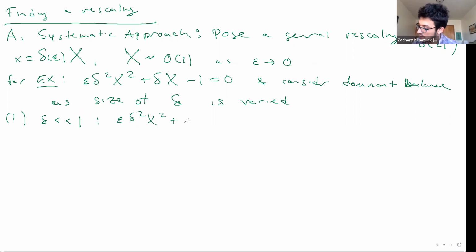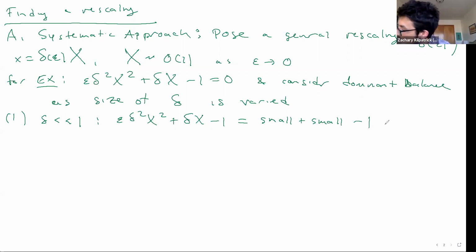So in this case, if delta is small, delta squared is going to be very small, times epsilon is going to be very, very small, delta is going to be small, and then 1 will just be order 1. So we have small plus small minus 1.